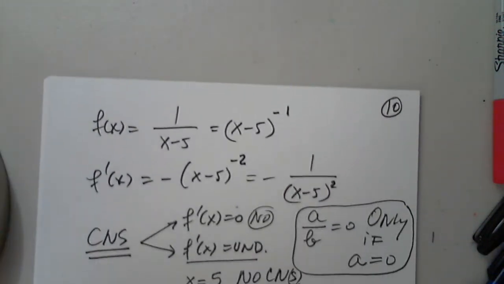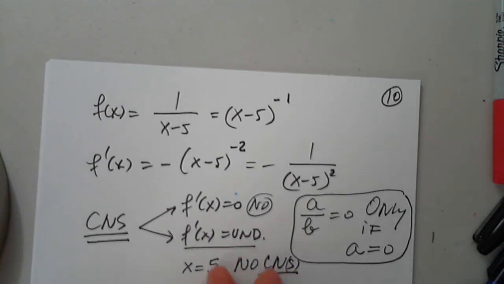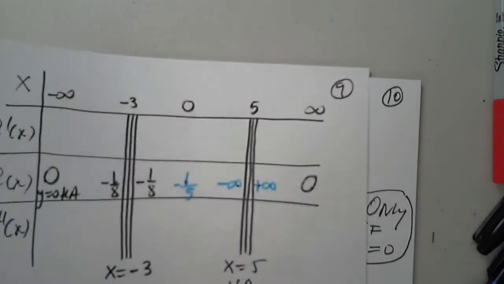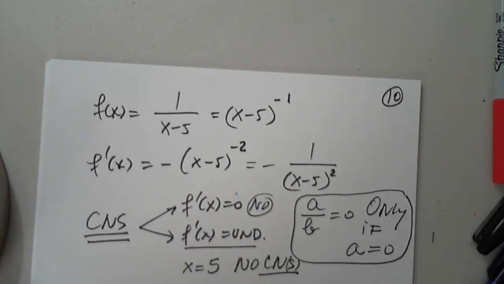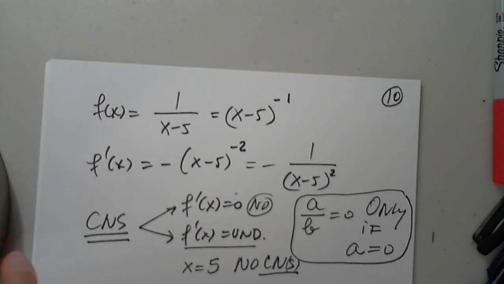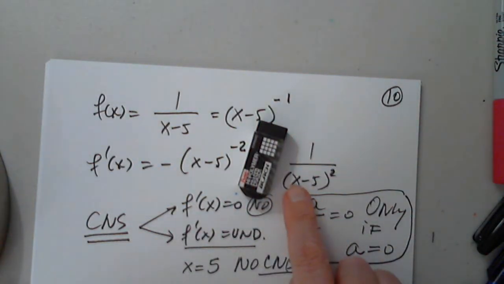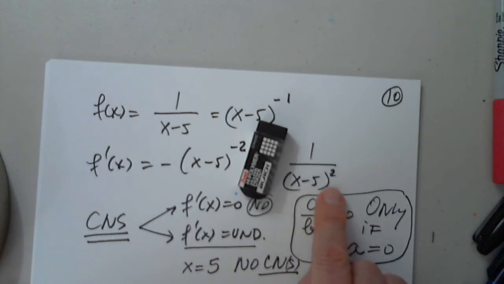So remember, this is a critical number when f prime is undefined, but where the function is defined, but no critical number. Now I need to study the sign of this expression. So let's decompose this piece by piece. What is the sign of this?